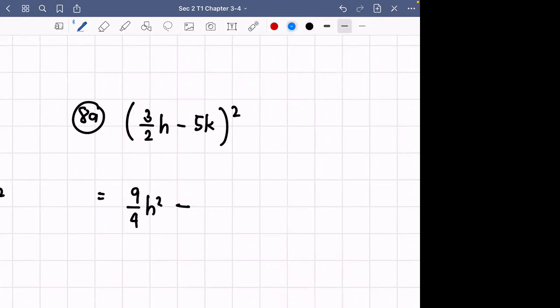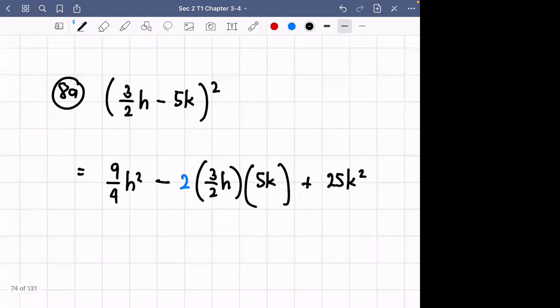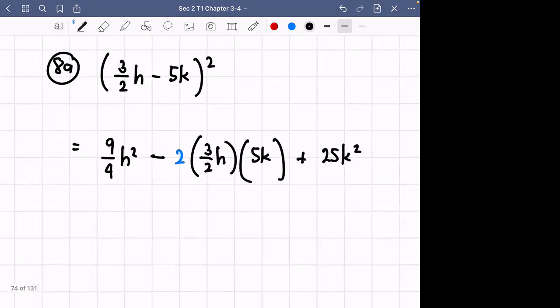And then times 2 of the first term, which is 3 halves h, times 5k. And then plus, what is 5k squared? 5k times 5k is equal to 25k squared. So let's finalize our answer.